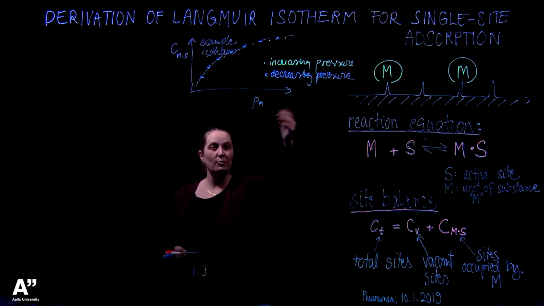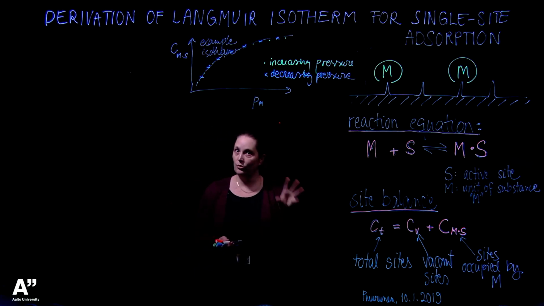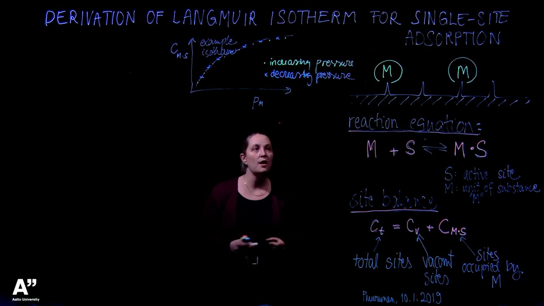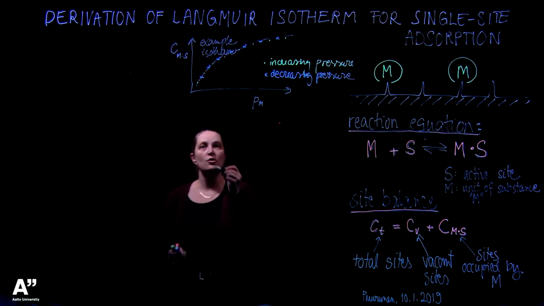It's an isotherm, isothermal conditions. It's the same temperature throughout. There is no time included in the isotherm, but we will start deriving through considering time changes, rates of reactions. So first the rate of attachment and then the rate of detachment.